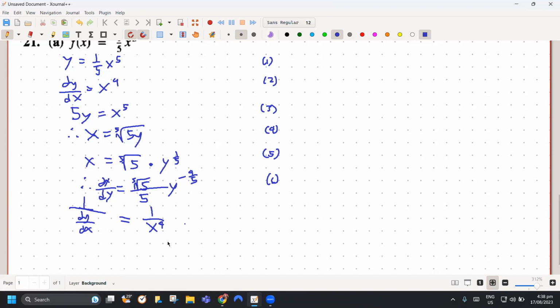Now, pag in-express mo yan in terms of y, x to the 4th, we know that x is the fifth root of, from 4, so equation 7. Lagyan mo ng equation number.